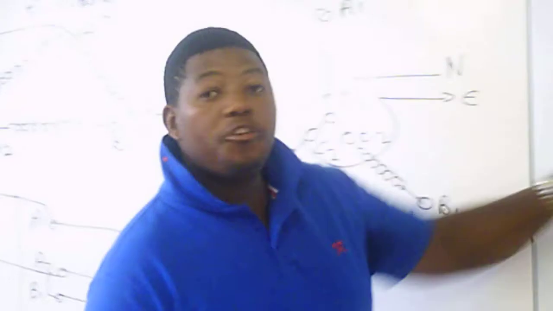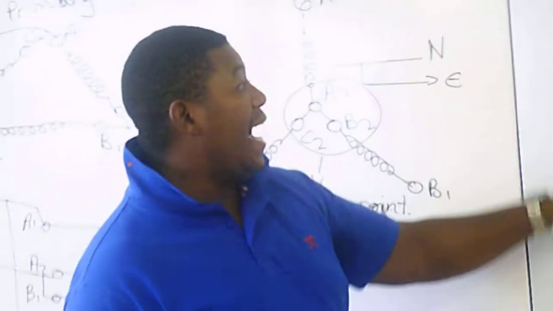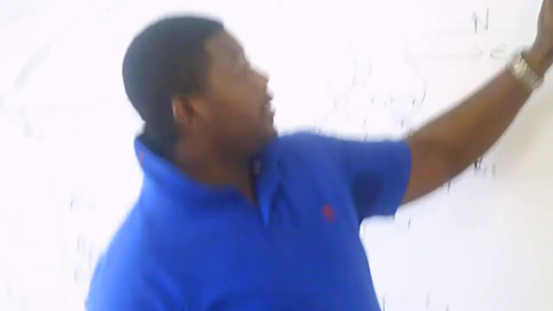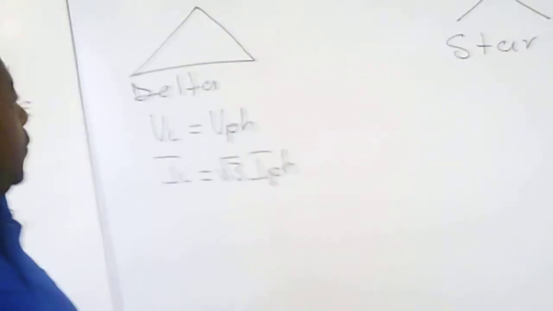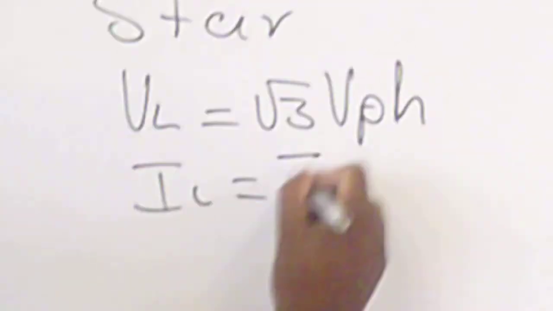Okay? Now, remember, this information is not going to be given. You as a student, you have to know this by heart. You need to know what is happening in your delta connection as well as what is happening in your star connection. Now, continuing with that, we know that in star, our V line will be equal to square root of 3 V phase. I line is equal to I phase.